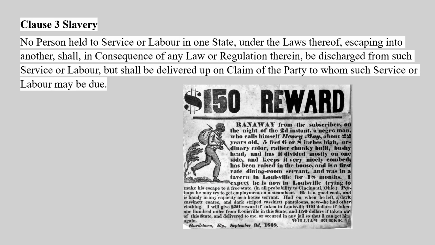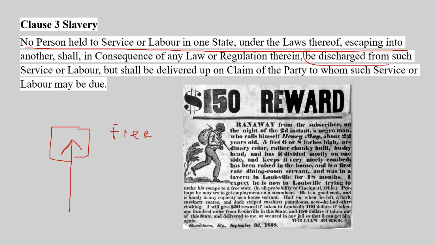We then move on to this particular fugitive slave clause, and keep in mind, as slaves are escaping and trying to go into free states, they are going to argue that they are free, which is going to prompt slave owners or states with slavery to demand that the federal government pass legislation to do something about this. As it mentions here, no person held to service or labor in one state under law thereof escaping into another be discharged.